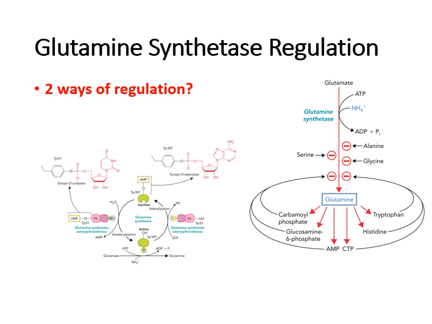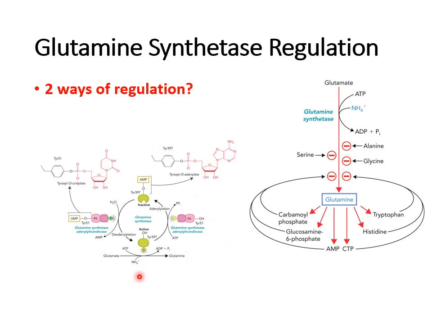And here on this slide, we show two ways of regulating glutamine synthetase. The ways you can do that are basically techniques that we've mentioned in other pathways over and over. The first one that you see here is covalent modification.